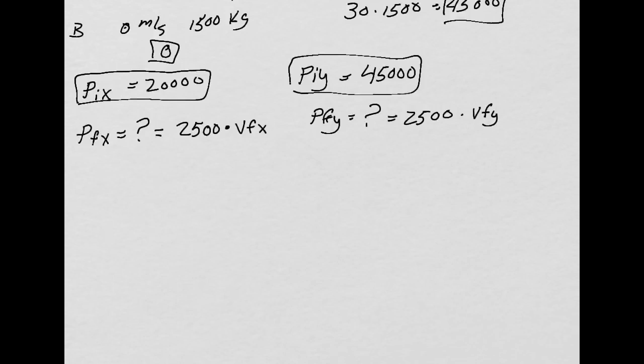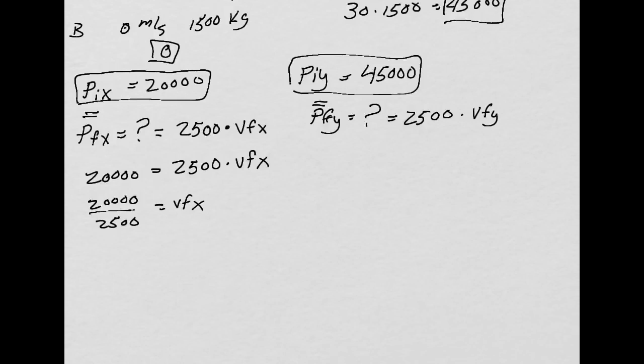So using the law of conservation of momentum, we can set initial equal to final momentum in both directions. In the x direction, the initial is 20,000. Our final is 2,500 times V_fx. So that means V_fx is 20,000 divided by 2,500, which is 8 meters per second.